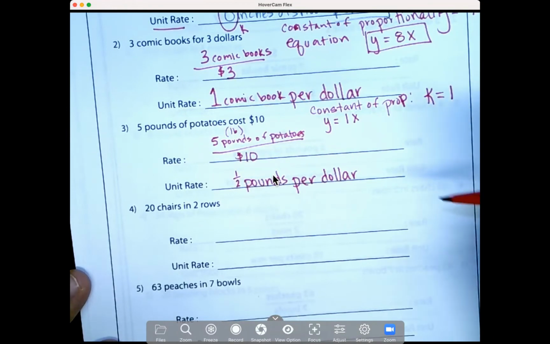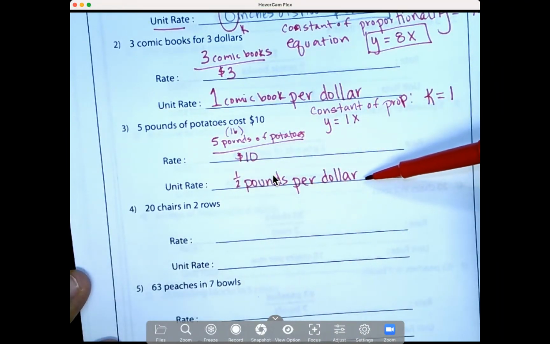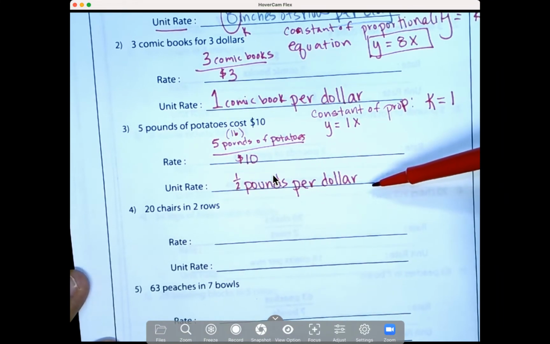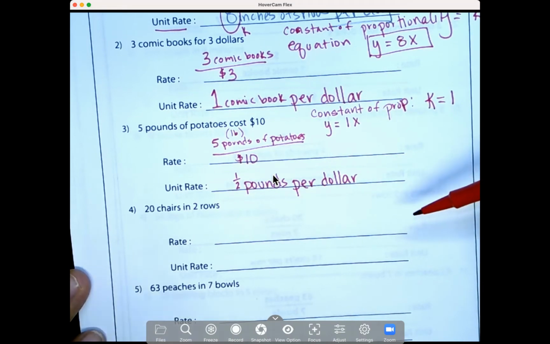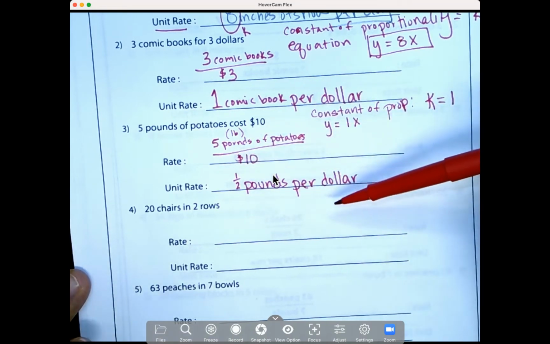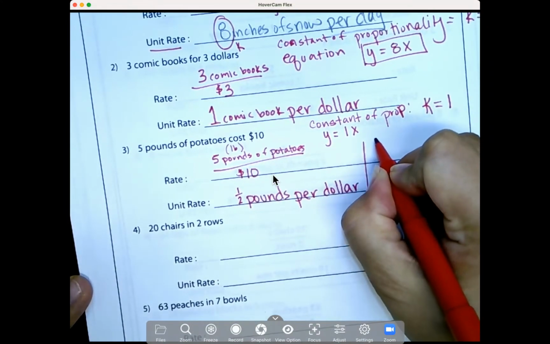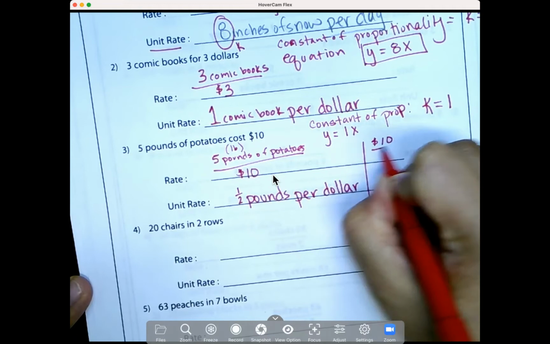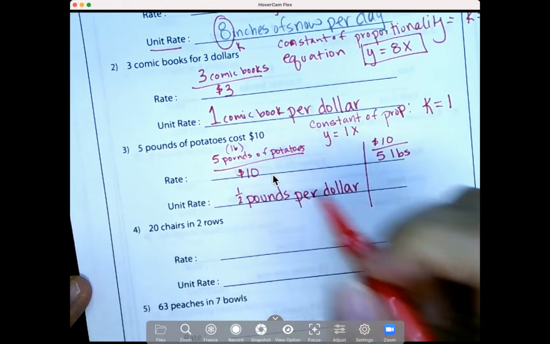Okay. Now, would 1/2 pounds per dollar make sense to most of our kids? I would say probably not. Okay. So what I would do is switch this around and say, well, we can also think about this as if the cost is $10 and I get 5 pounds, I'm going to abbreviate it this way.